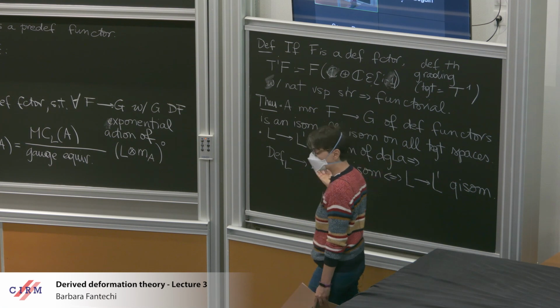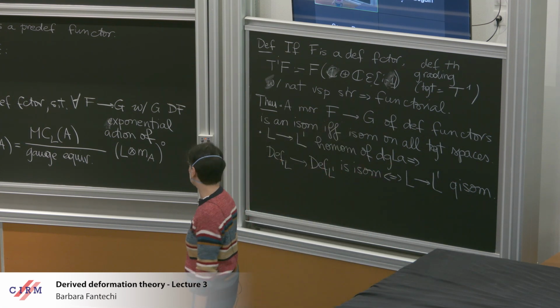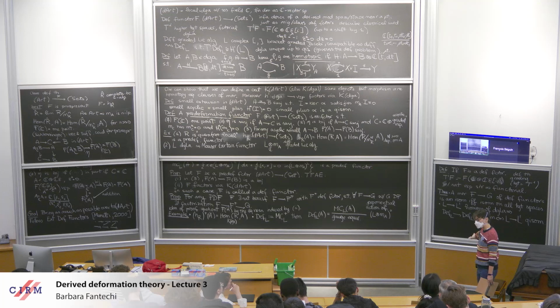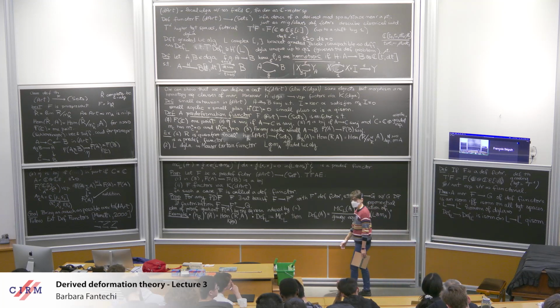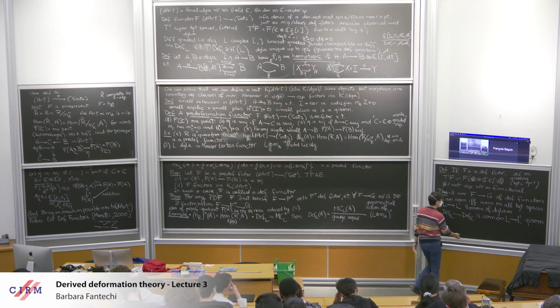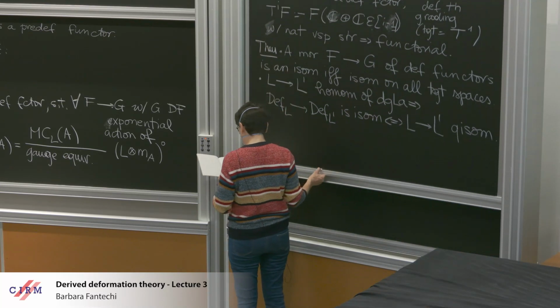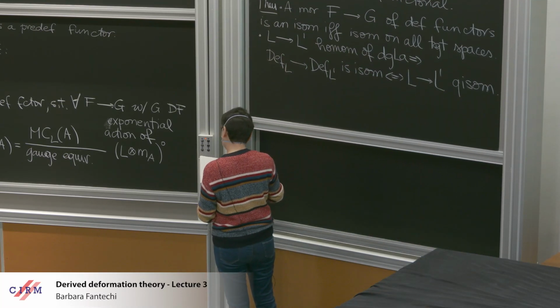So it's as unique. This tells you that the differential graded Lie algebra that governs our deformation theory problem isn't quite unique, but it is as unique as it is realistic to expect.